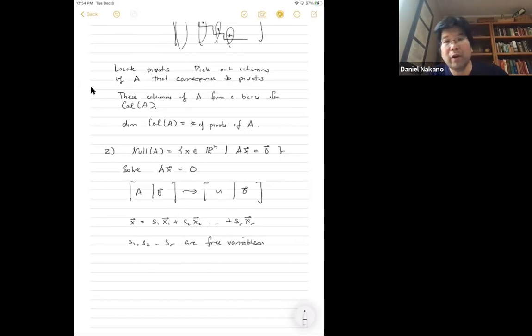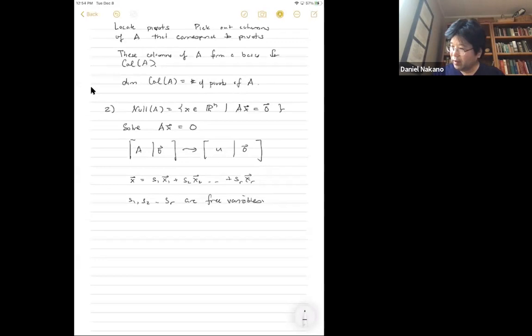Remember, the free variables correspond to the places where you don't have pivots. Then you take these X's as a basis.